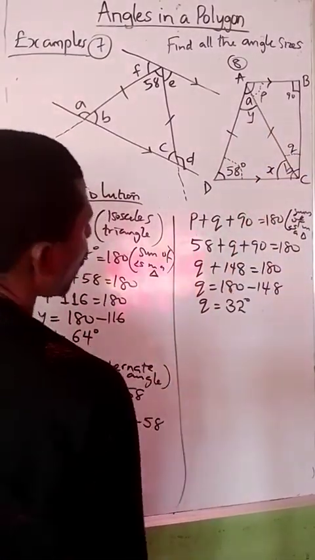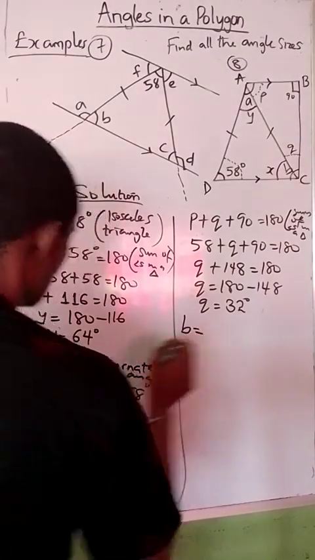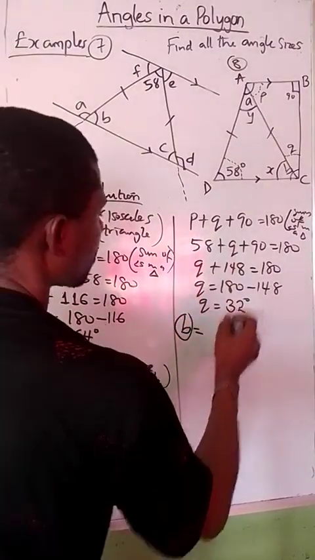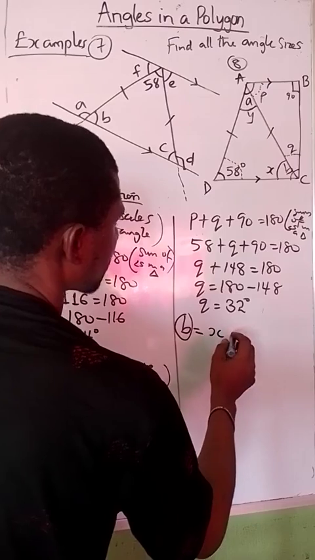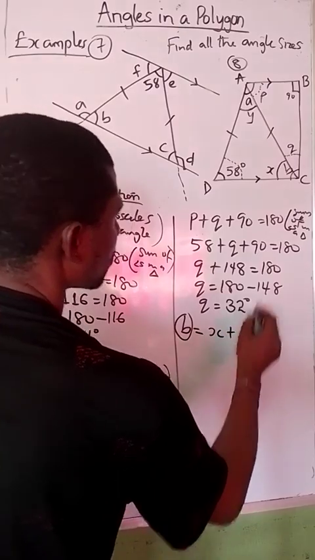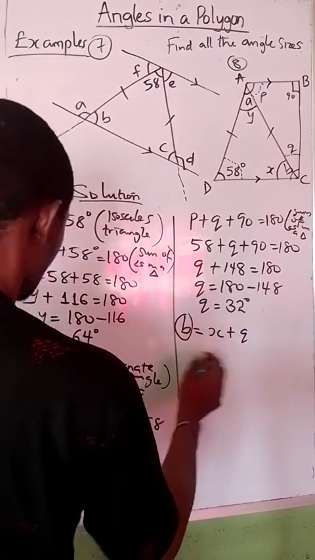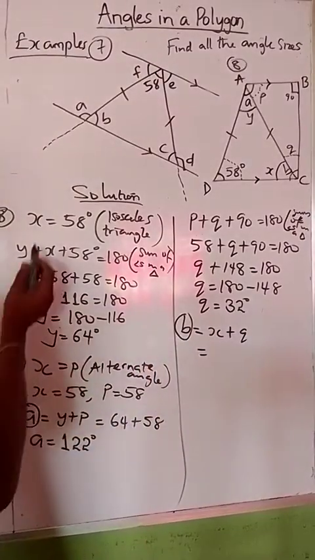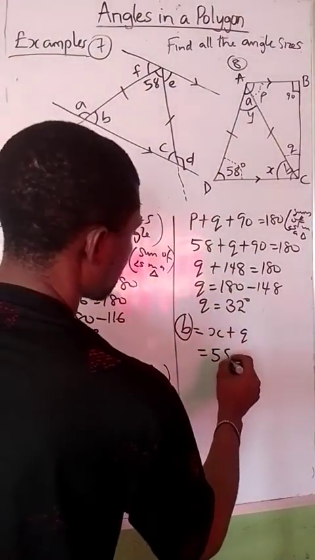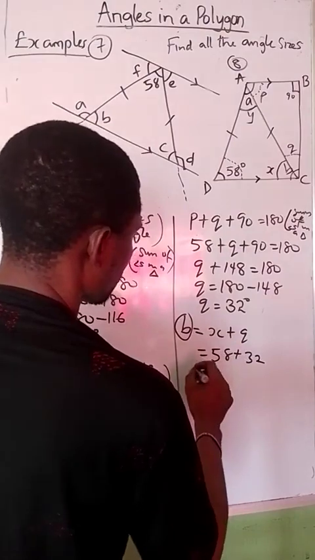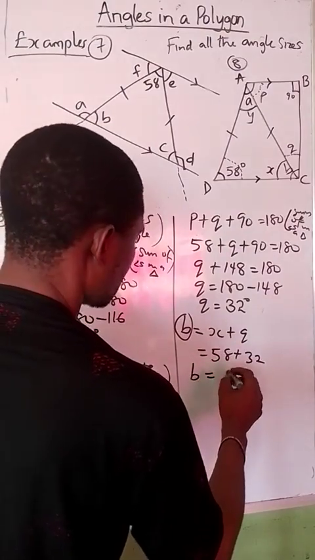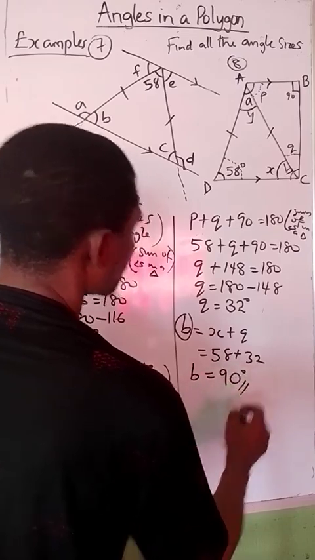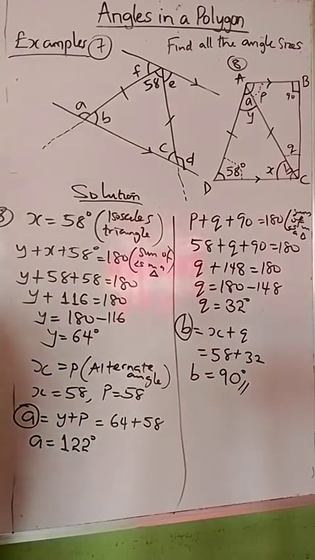So our B now equals X plus Q. Our X is 58 plus 32. So our B equals what? 90 degrees. Wow. All right.